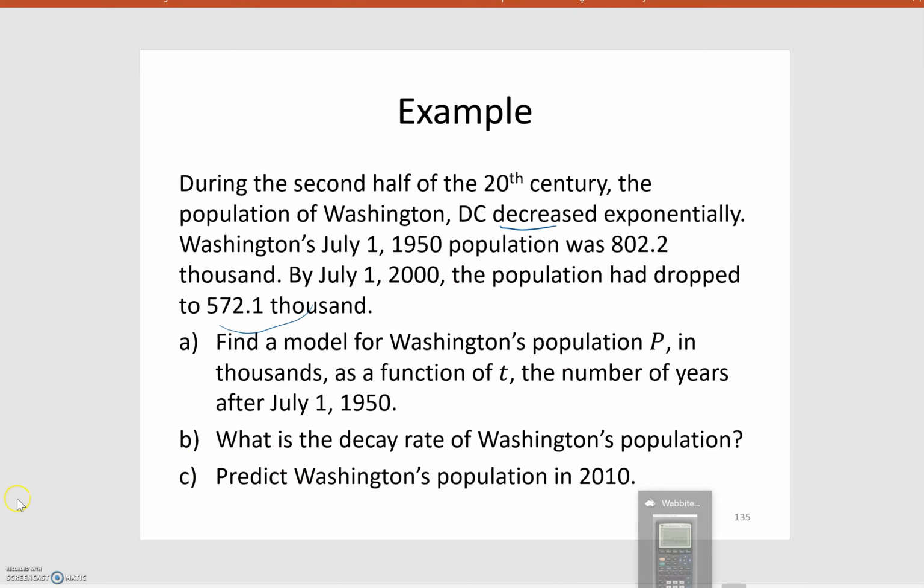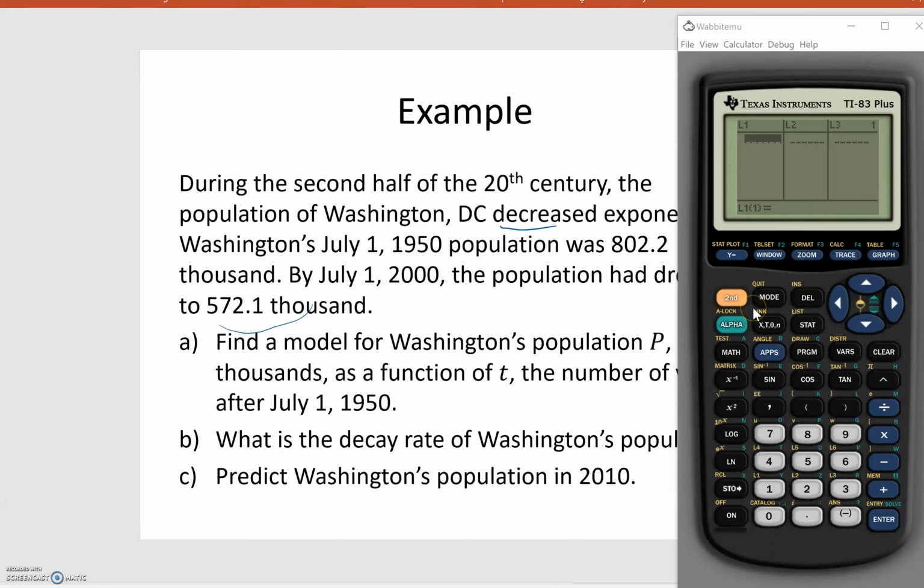And I'm going to set that up in the calculator. My calculator's initial time is 0, and then we go 50 years forward to 2000. Our initial population is 802.2 thousand, and then we fall to 572.1.